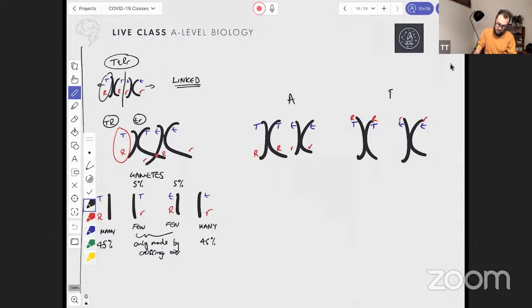I'll give you A and B. Which ones are more likely to be separated by crossing over? The ones that are further apart. Okay, so these are more likely to be separated by crossing over.